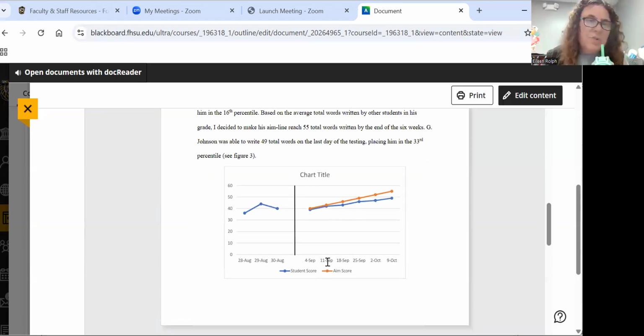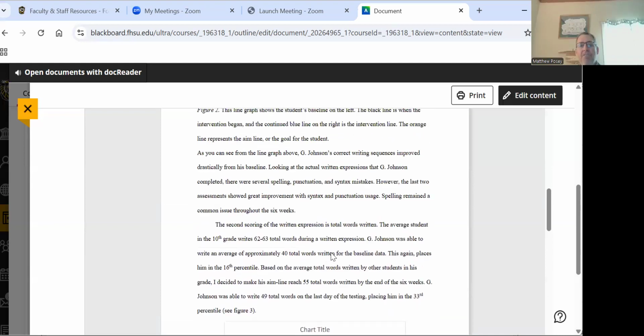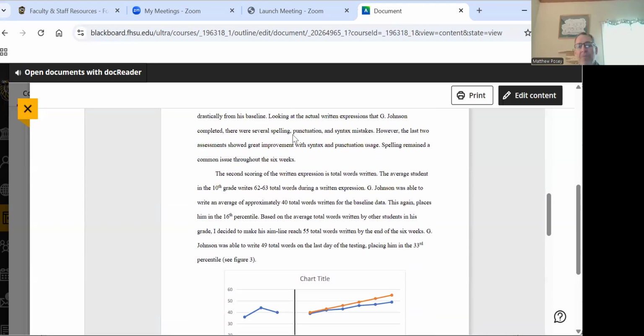But if our student maybe didn't start out very high, but keeps making progress, then there won't be an intervention line. That's exactly right. And you'll need to explain that up here in the narrative, which I mentioned a while ago. Even though your student may start off low, every probe is continuously moving upward, so they're progressing.